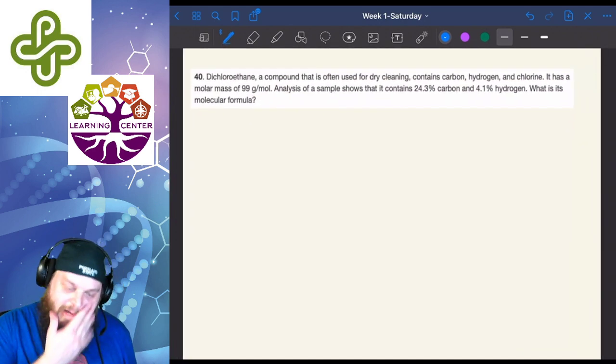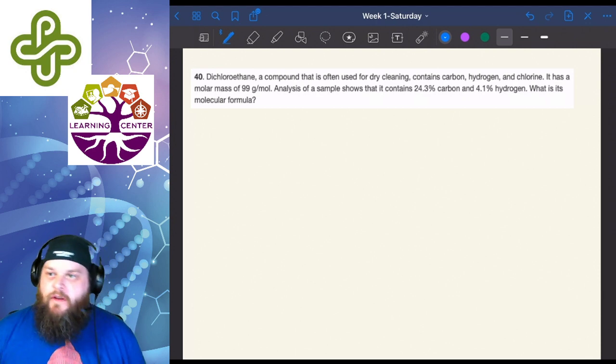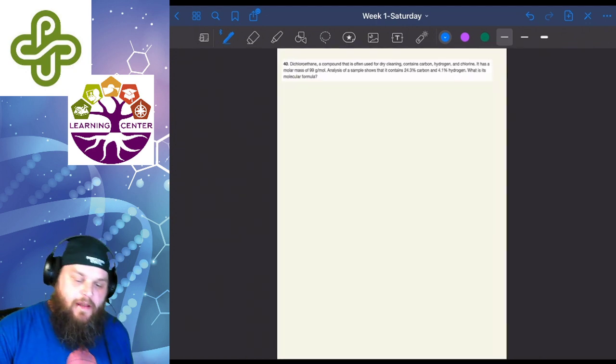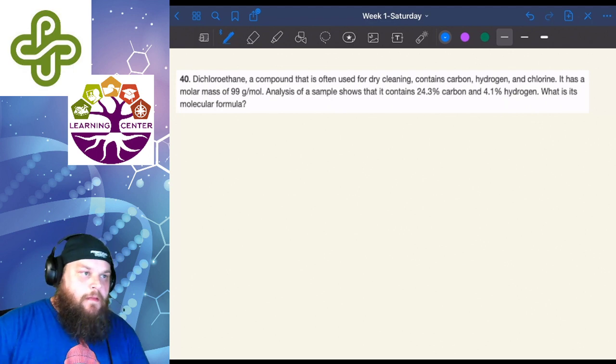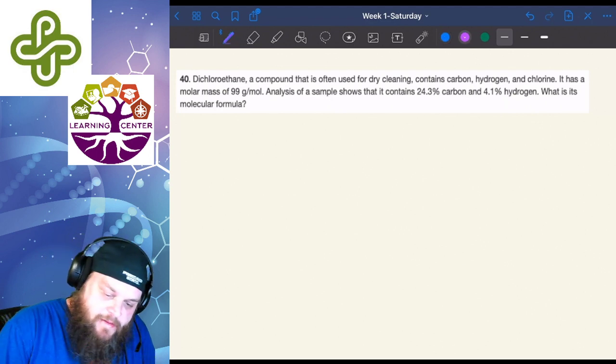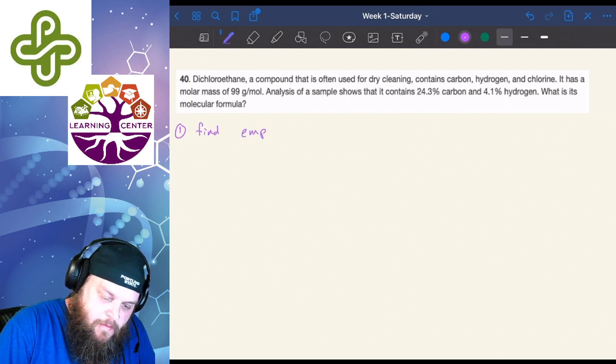This next one here, we're going to find the molecular formula, which the first step is to find the empirical formula. So for these steps, for part 1, I say find empirical formula.